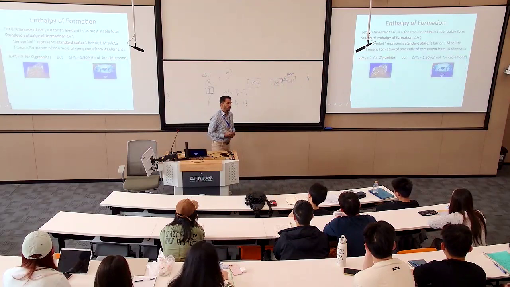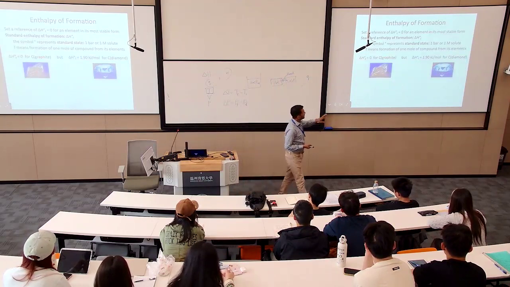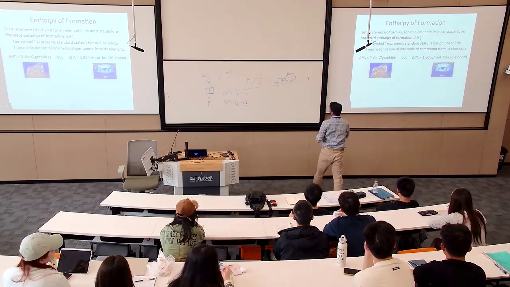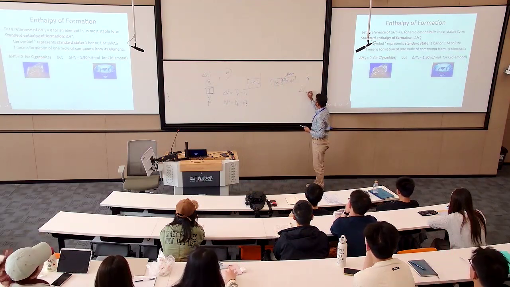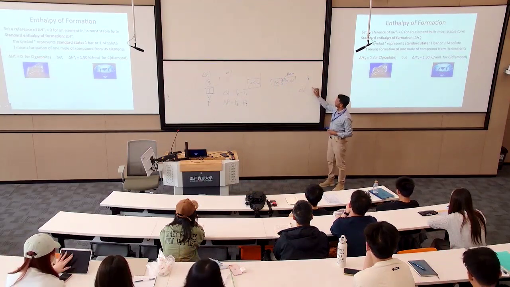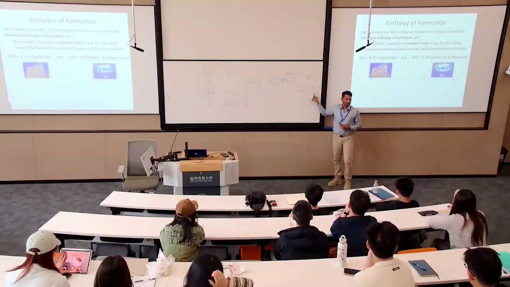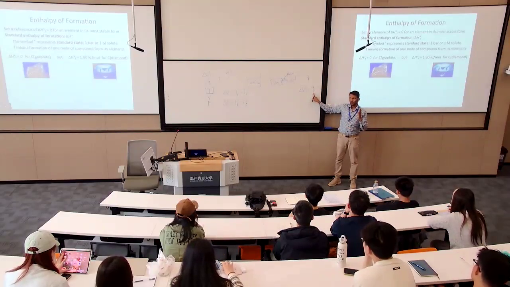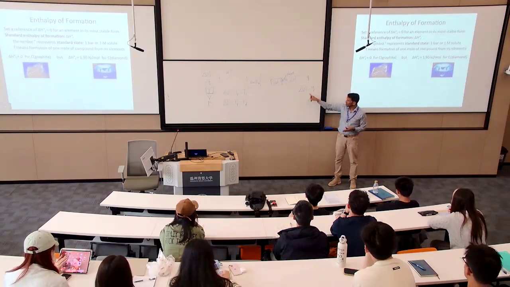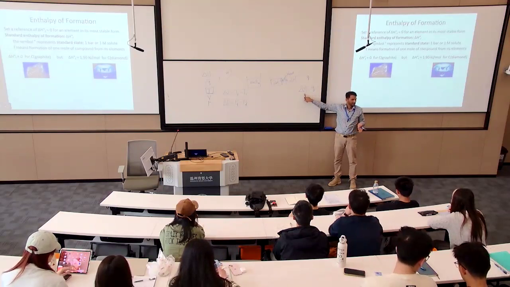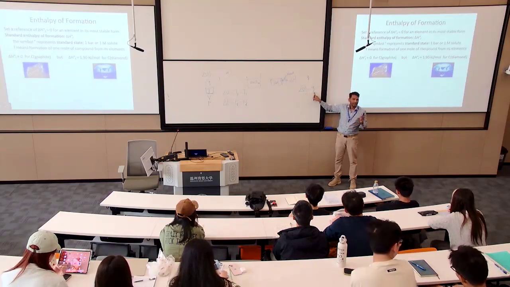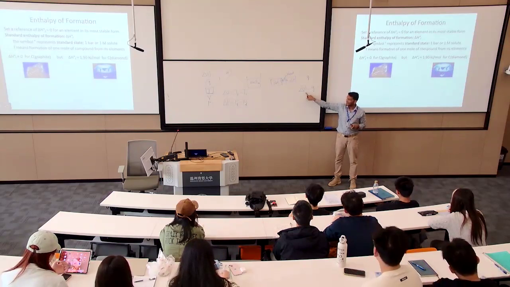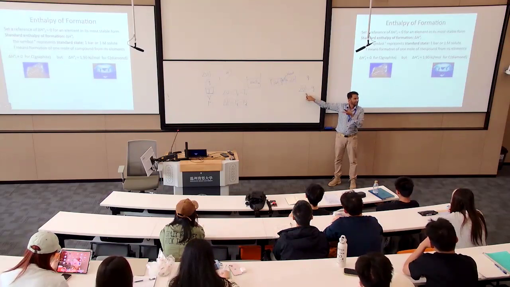Okay students, in the previous chapter you already learned the term enthalpy. And enthalpy is heat. So today you will learn why we don't simply call it heat. Because heat is not a state function, and enthalpy is a state function.